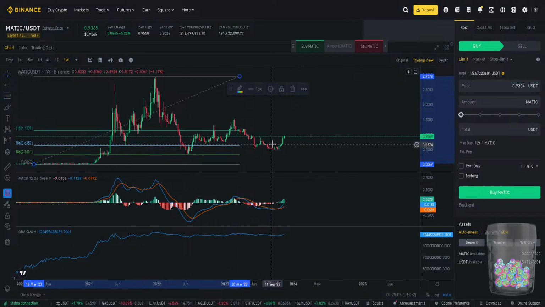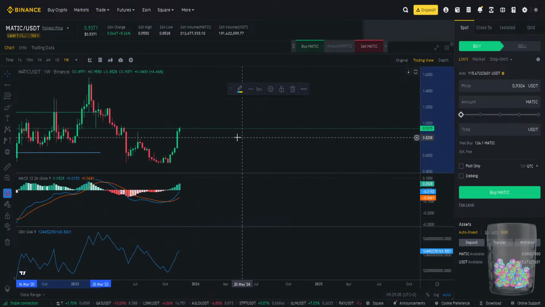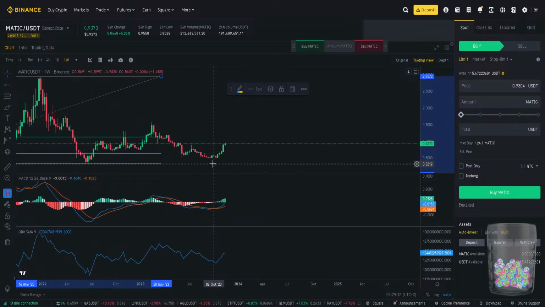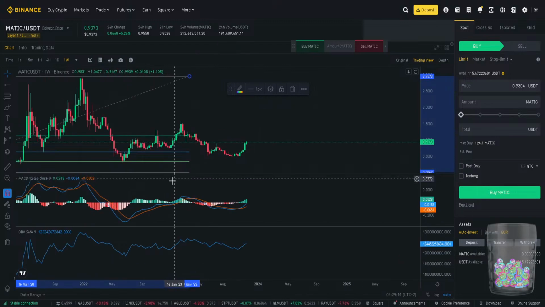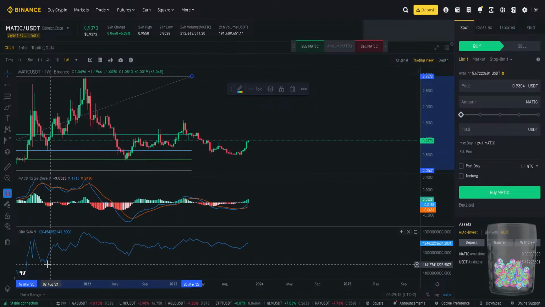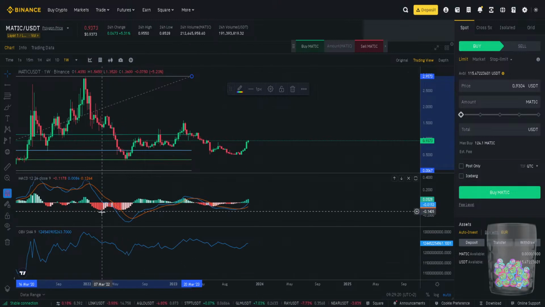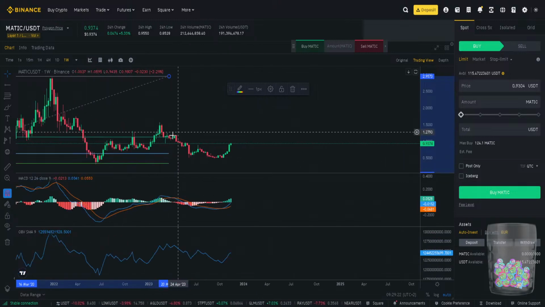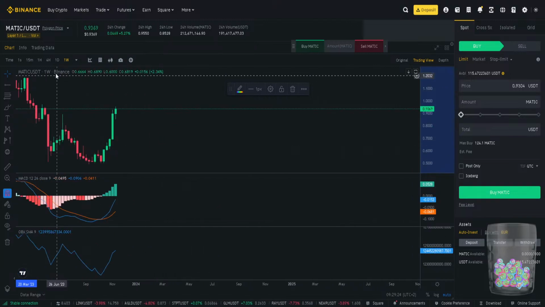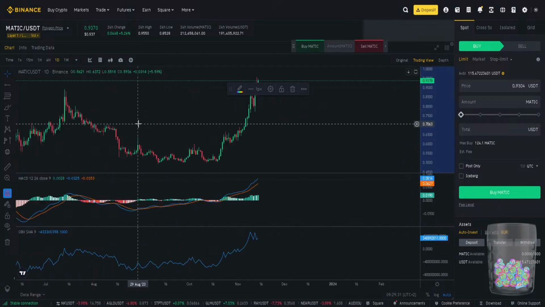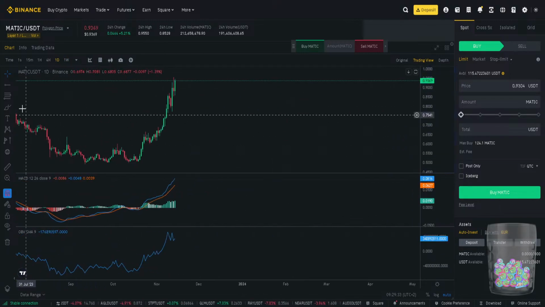This isn't like one of the cheaper coins. You have bullish divergence all the way from here. There's some bullish divergences here. I don't think it's oversold yet on the daily, no. So this probably has a little bit more room to go.